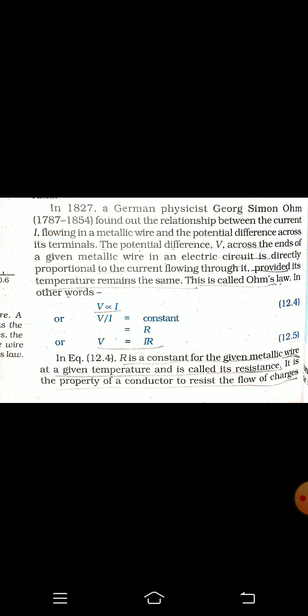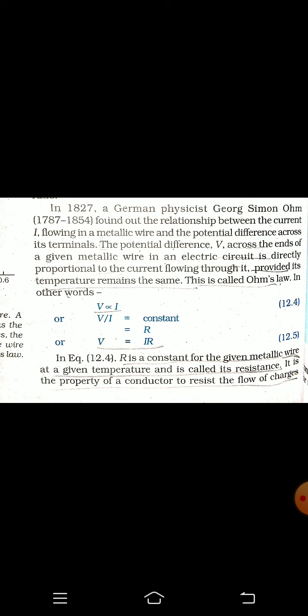A resistor is a component used in an electric circuit. What is resistance? It is a constant for a given metallic wire. And where we are using it, V is proportional to I. So to remove this proportionality sign, we keep a constant, which we are calling R, which is resistance. Remember this.